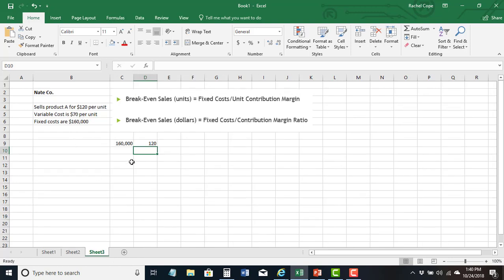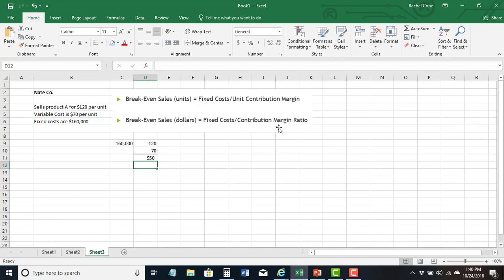Sales price per unit was $120, and variable cost per unit was 70. So we have 120, take out 70, and we end up with $50 per unit. So to do the break-even sales in units, we take the fixed costs and divide by the unit contribution margin.